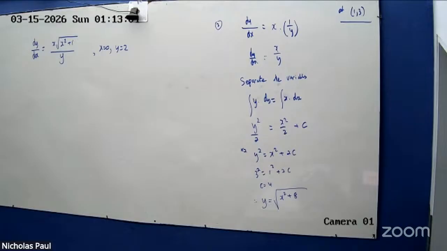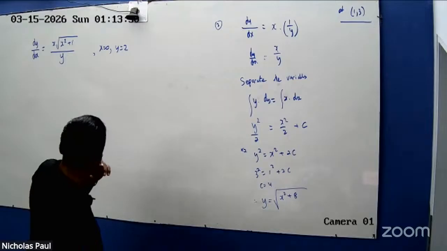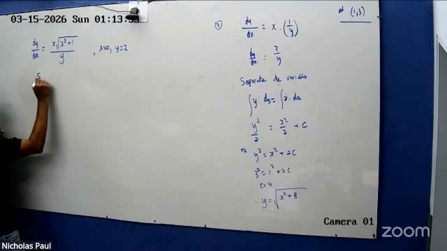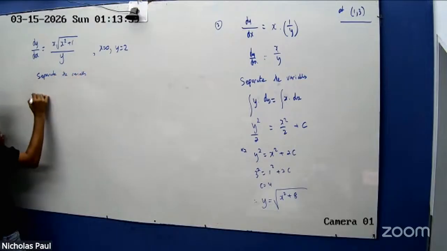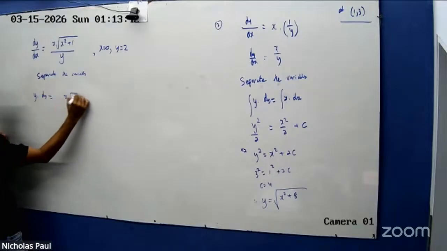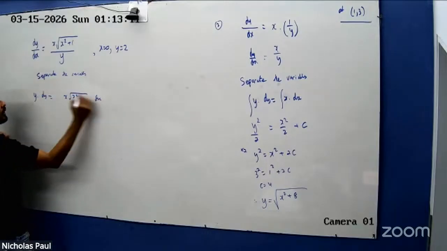Make a substitution, right? Right, so when you separate the variables, you'll get y dy is x over the square root of x squared plus 1.